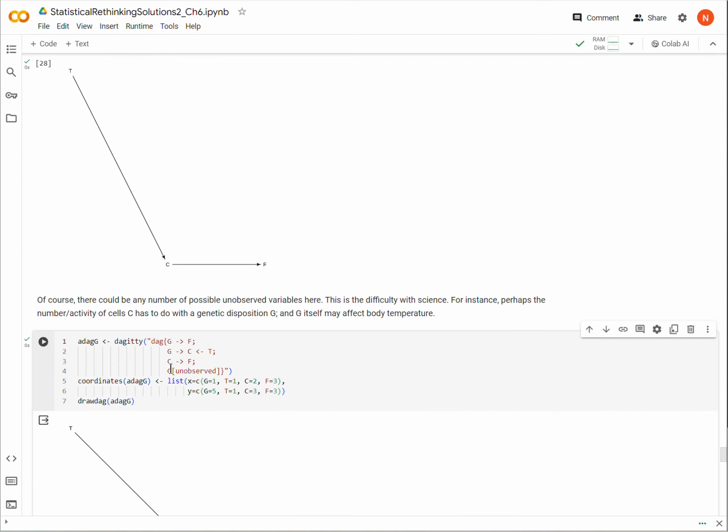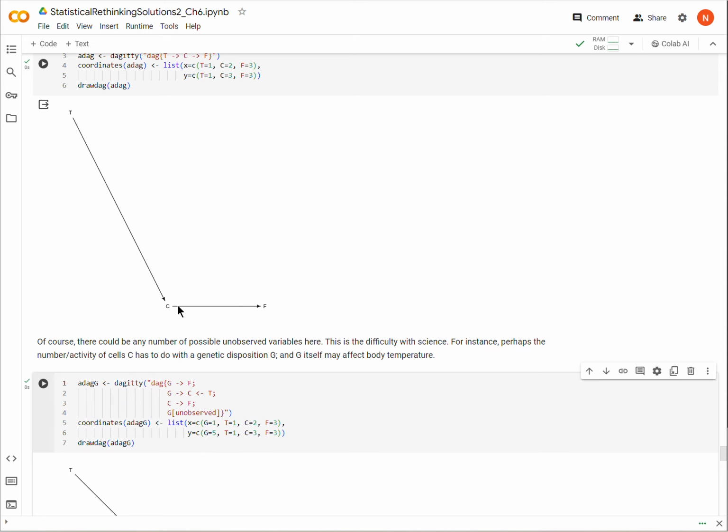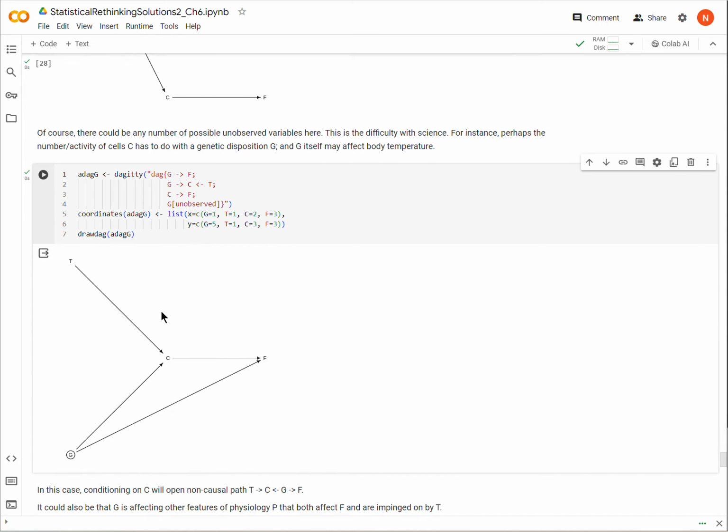Well, actually, before saying that, if I want to test the hypothesis that C is the mediator of the effect of T on F, then I'm going to have to regress F on T and C. But if there is some other genetic predisposition that is also impinging on C, then by having both T and C in the model, I am opening up this non-causal path from T to F. And so in this case, regressing on C is a disaster.